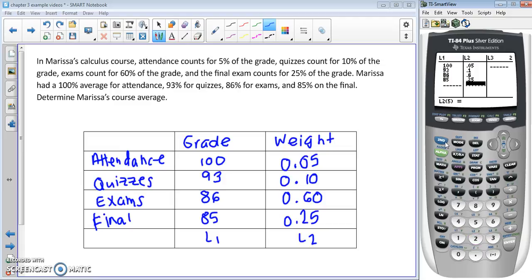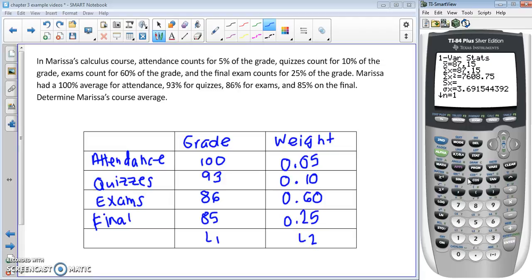And now I'm going to do second mode to quit out, stat, go over to calc, one variable stats, second 1, comma, second 2 to tell it we have group data with the bins in L1 and the frequencies in L2. Again, if you have a menu, your list should be L1 and your frequency list should be L2.